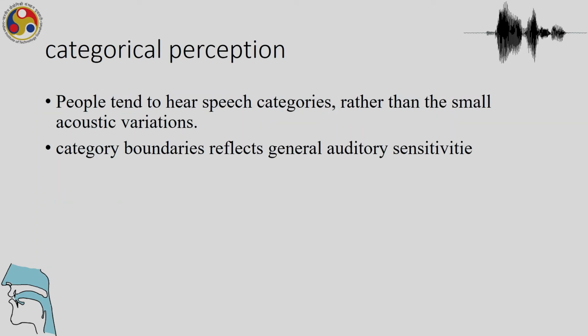And also this categorical perception. So, people hear speech categories rather than the small acoustic variations. Category boundaries therefore reflect general auditory sensitivities.